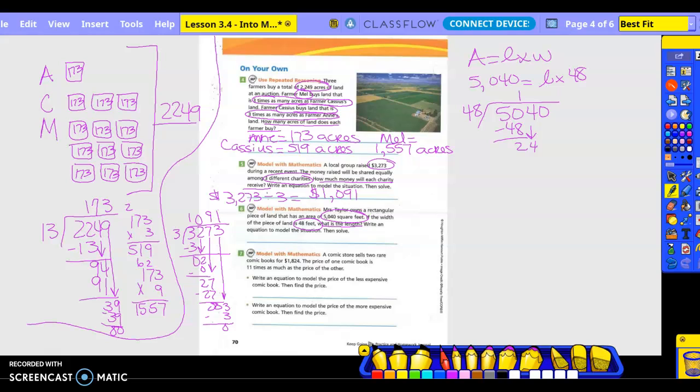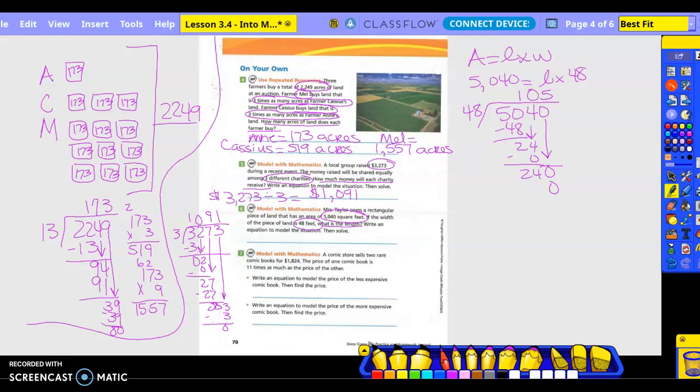48 into 24. No. And this is where a lot of you guys struggle, and I've been meaning to say that. Because you know it doesn't go in there. Well, you just go ahead and bring down the next thing. But can you do that? No. You have to acknowledge that it doesn't go in there. So you need to put a 0 there to hold your spot. And then bring down another 0. So 48 into 240. 5 times. 5 times 8 is 40.